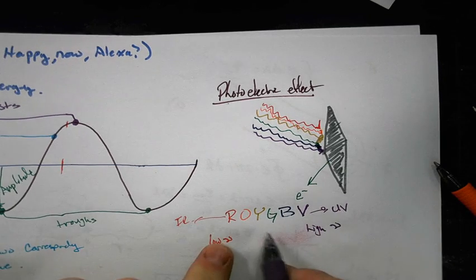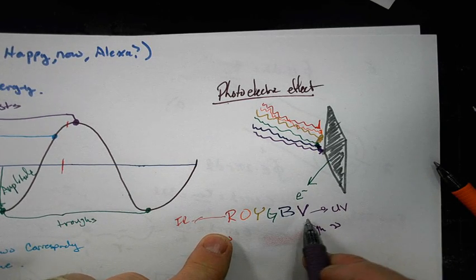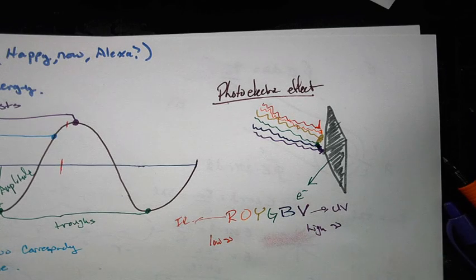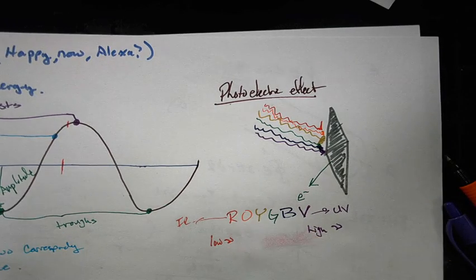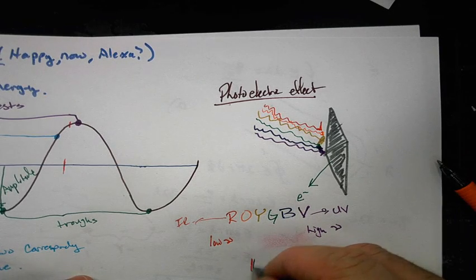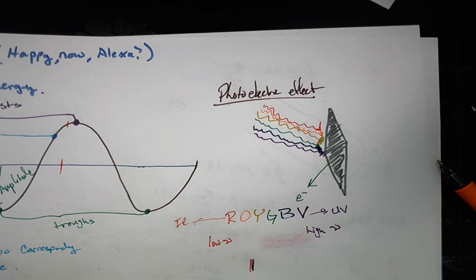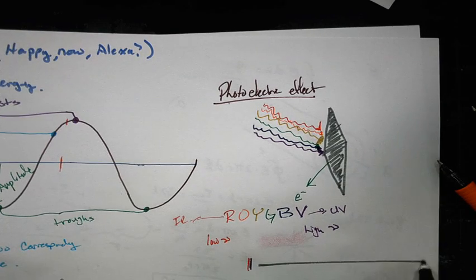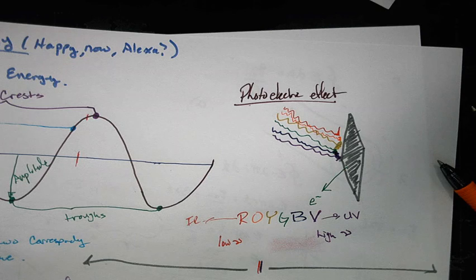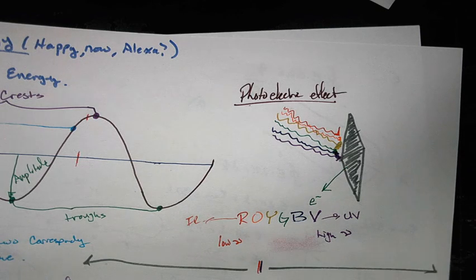But this right here, part of our spectrum, here's red. Here's purple. And then we have the rest of the electromagnetic spectrum.